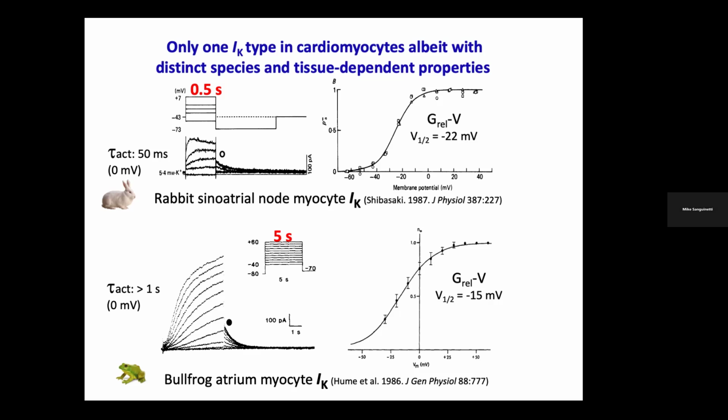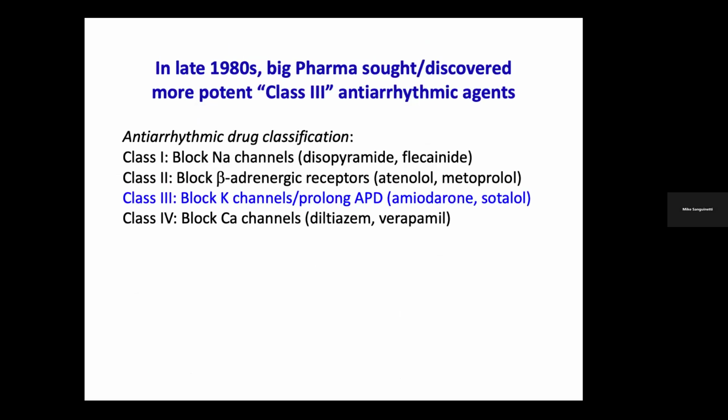So these currents are still activating during 5 seconds, whereas this is only half a second and you're fully activated within 100 or 200 milliseconds. And these channel currents activated at a more positive potential, minus 15 compared to minus 22. So again, a single K current in each cell type with widely different properties depending on the species and perhaps the tissue.